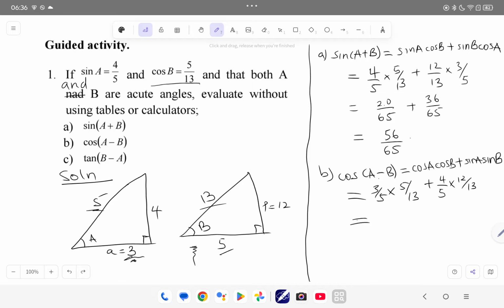It means we shall have 15 out of 65 plus 48 out of 65. This one will give us 63 out of 65 as our answer.